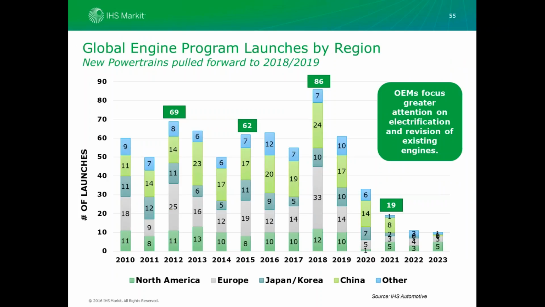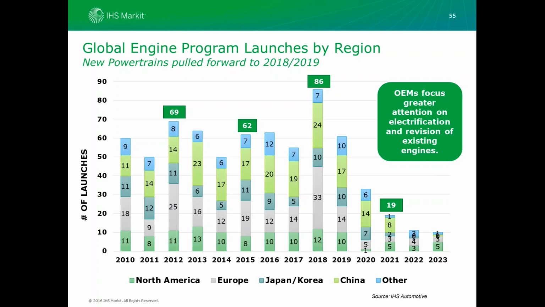First of all, let's look at engine program launches. At a time when new vehicle launches are really taking off, with OEMs offering more and more choices and options for the consumer, on the engine side they're actually almost stopping new engine development. From 2010 to 18, as you can see there, the average was about 62 new engine programs per year. Over the next 5 years or so, between 2019 and 2023, that average is going to be about 26.